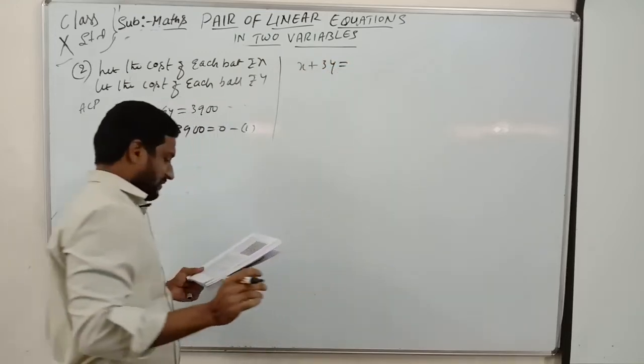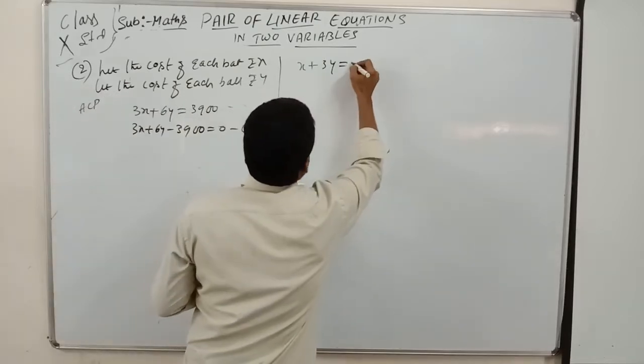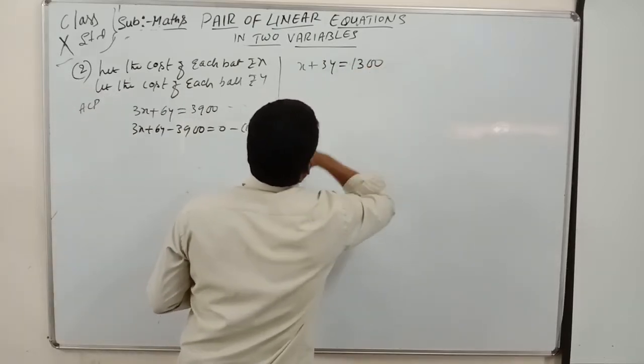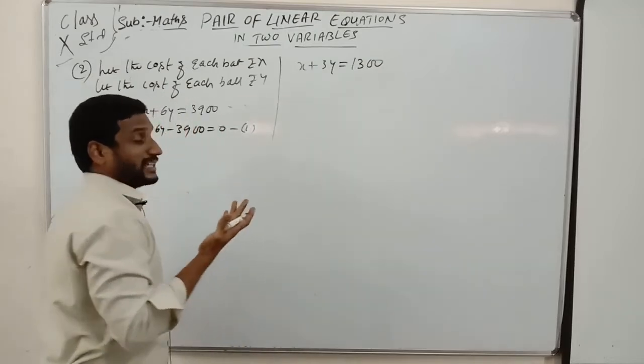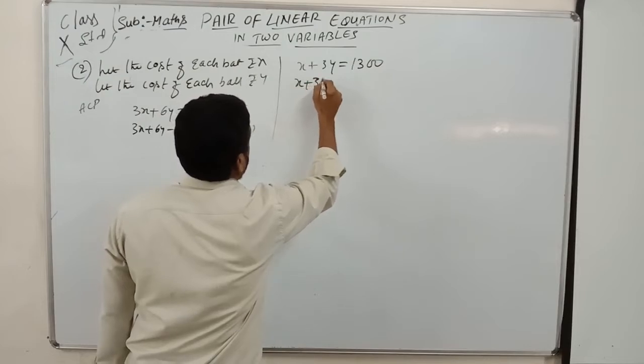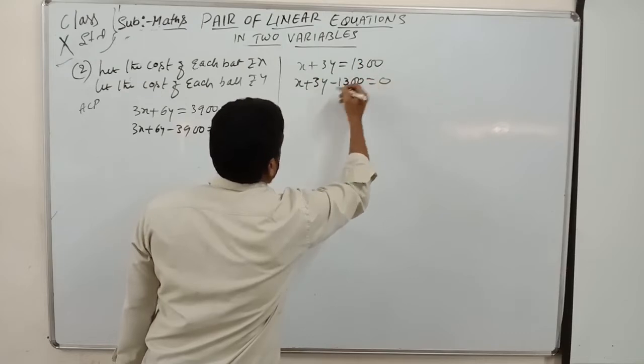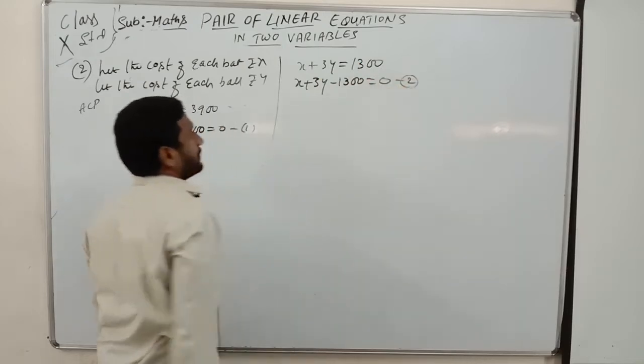She pays 1,300 rupees. Again I got my mathematical step. So x plus 3y minus 1,300, bringing this side, is equal to 0. Call it equation 2. So we have equations 1 and 2.